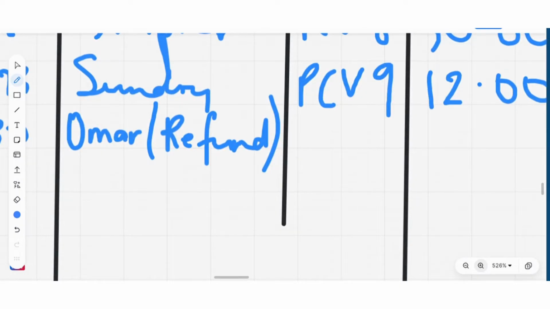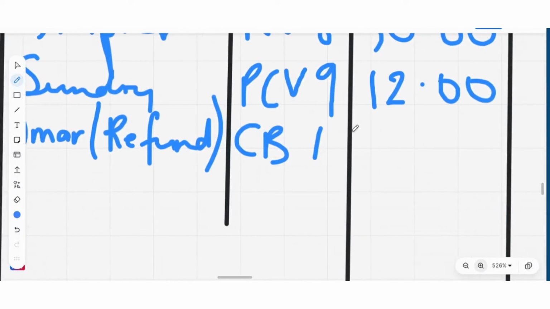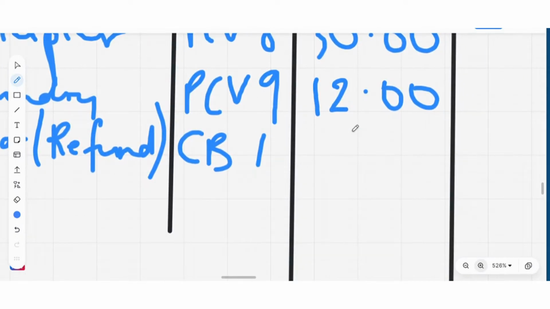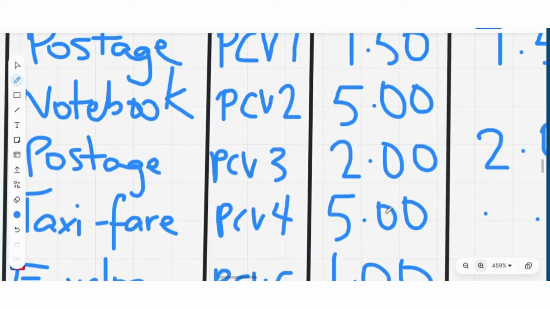Now this money would go to the cash book. So in the same cash book number 1 where we got the balance from before with $100. So now you continue the same way, you put in the total $20 and the proper analysis column. That is going straight to the ledger, right?